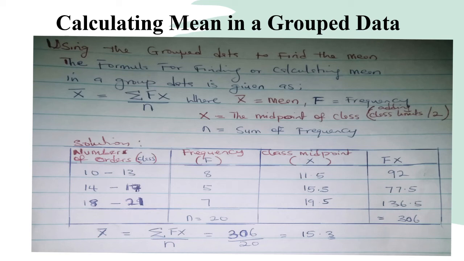But since my class width is larger, the answer is far from 14. So the smaller the interval or class width, the more accurate the answer.